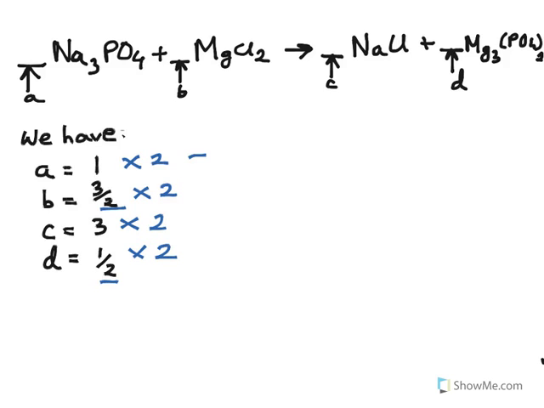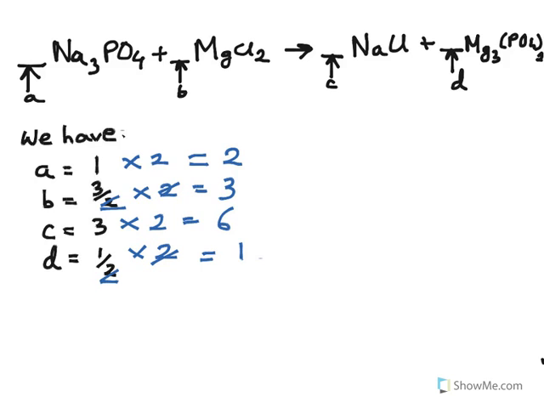Doing that will give us the value of A to be 2, the value of B to be 3, the value of C to be 6, and the value of D to be 1. Now that we know the values for all our variables, we can replace them with these numbers as our coefficients for the equation.